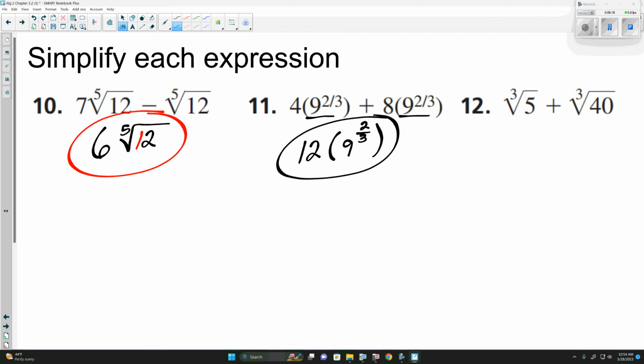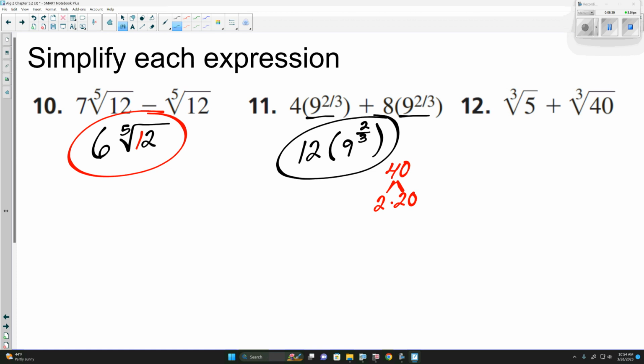So we need to find the cubed root of 40. One of the easier ways to find it is with our factor tree. What is one factor? 2 and 20. We could have done 4 and 10. Any of these would work.